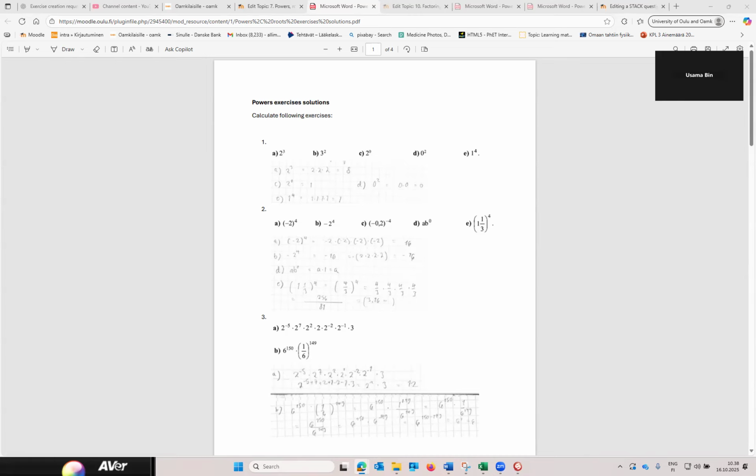And then this in the power of 4. Okay, and that's actually quite a lot still. So then I would have here, of course, 4 in the power of 4 and 3 in the power of 4.